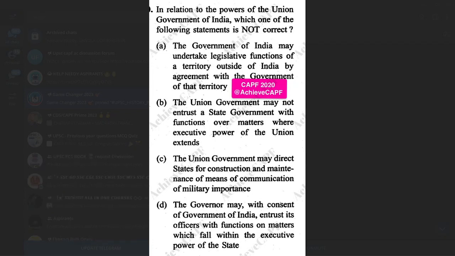The Indian government may not entrust a state government with functions over matters where the executive power of the Union extends. The Union government may direct states for construction and maintenance of means of communication of military importance. The governor may, with the consent of the government of India, entrust its officers with functions on matters which fall within the executive power of a state.